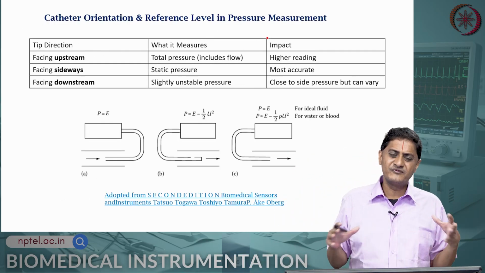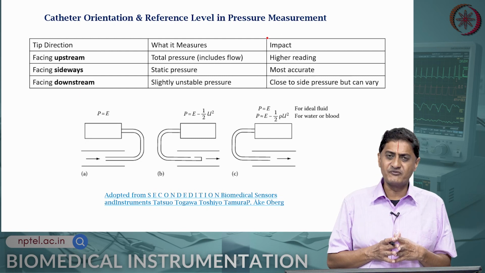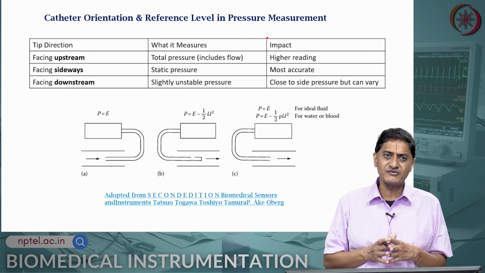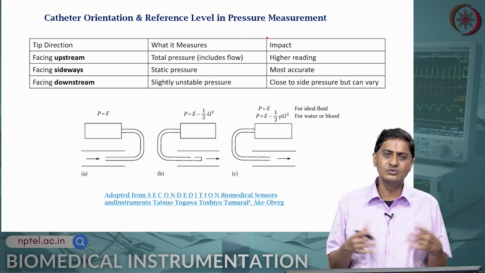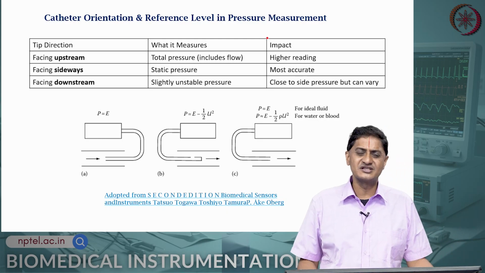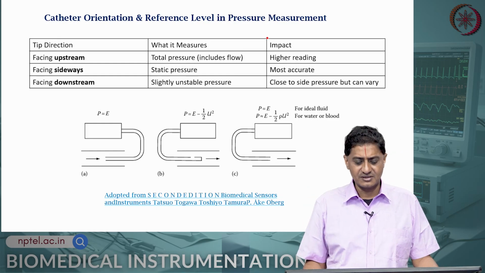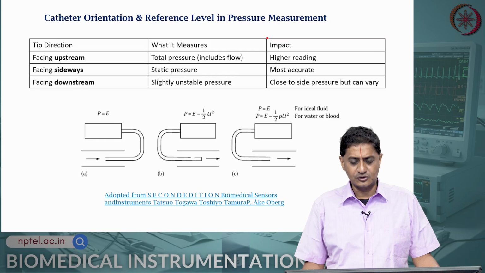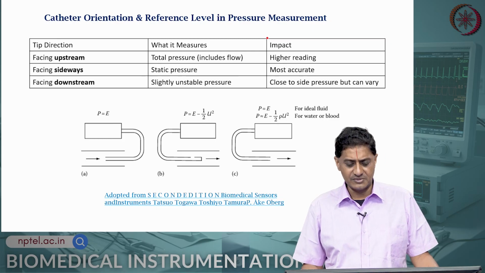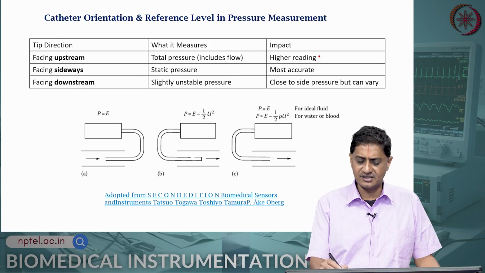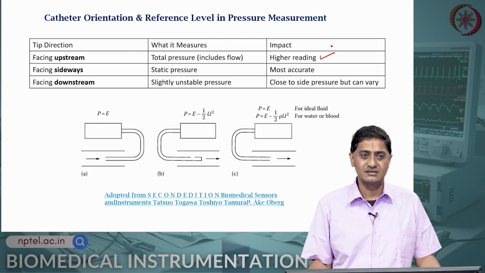So, from all this discussion we could come up with a simple description of how to use an appropriate reference level in measuring blood pressure and catheter orientation. If the tip is facing upstream, then the total pressure is being measured and usually it reflects a higher reading.